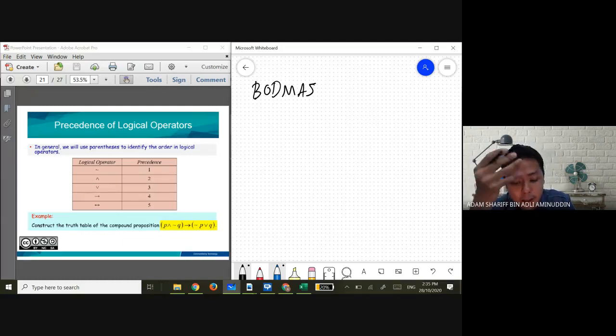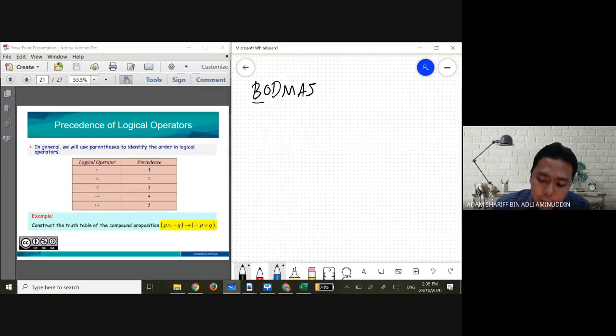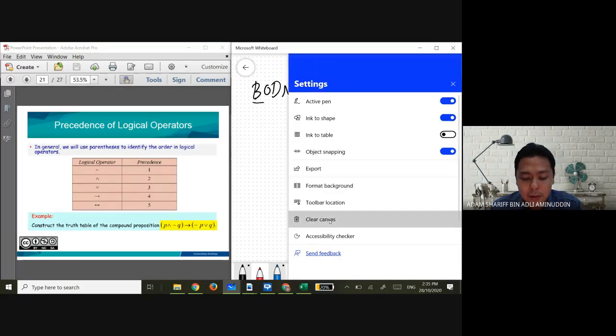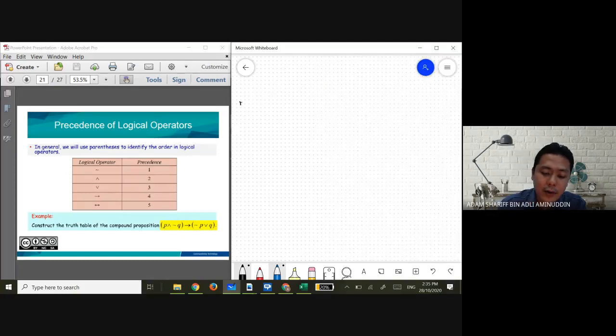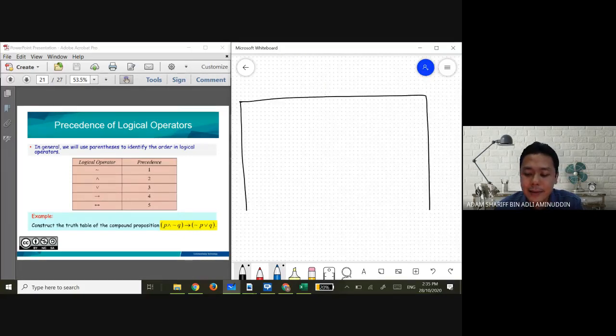Bracket, order, division, multiplication, addition and subtraction. You must enforce to prioritize the bracket first. Dalam logik pun ada benda tu. Okay? Tapi dia bukannya division apa semualah. Dia logical connectives. So what I want to show you right now is to enhance this table.